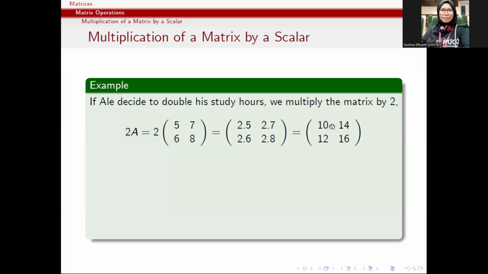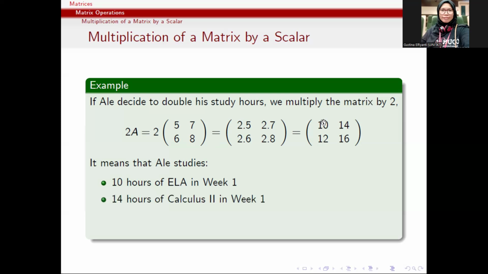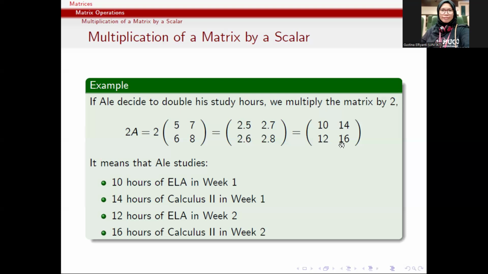So we get 2A is the matrix 10, 14, 12, 16. It means that Ale studies 10 hours of elementary linear algebra in week 1, 14 hours of calculus 2 in week 1, 12 hours of elementary linear algebra in week 2, and 16 hours of calculus 2 in week 2.